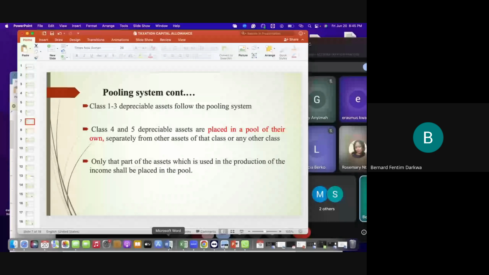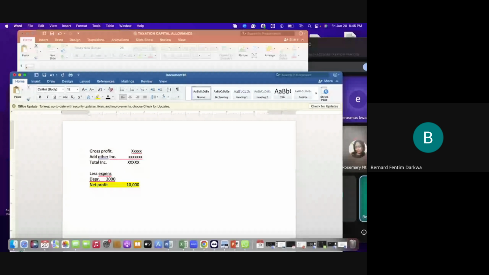For example, we may have assets like, let's say, computers. The company has a computer they bought for 10,000.